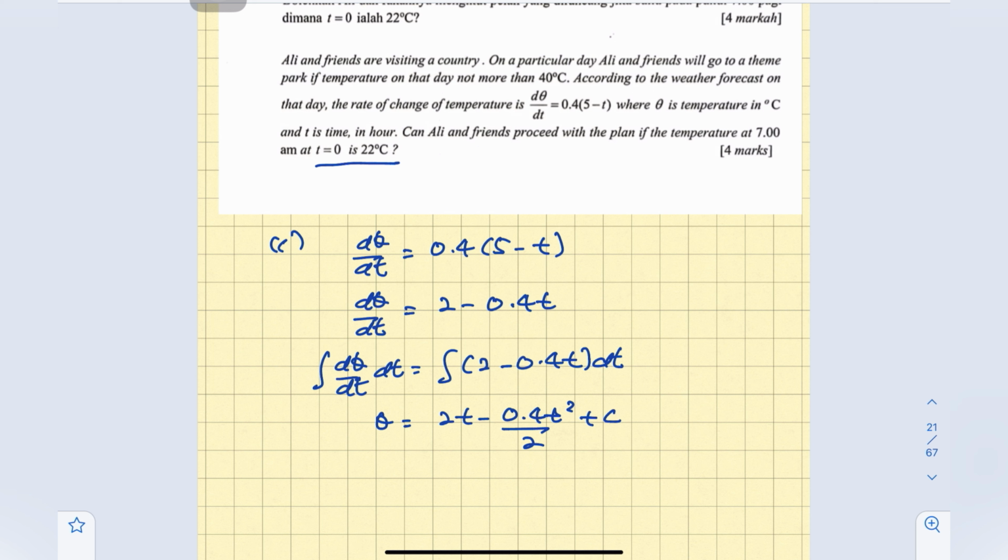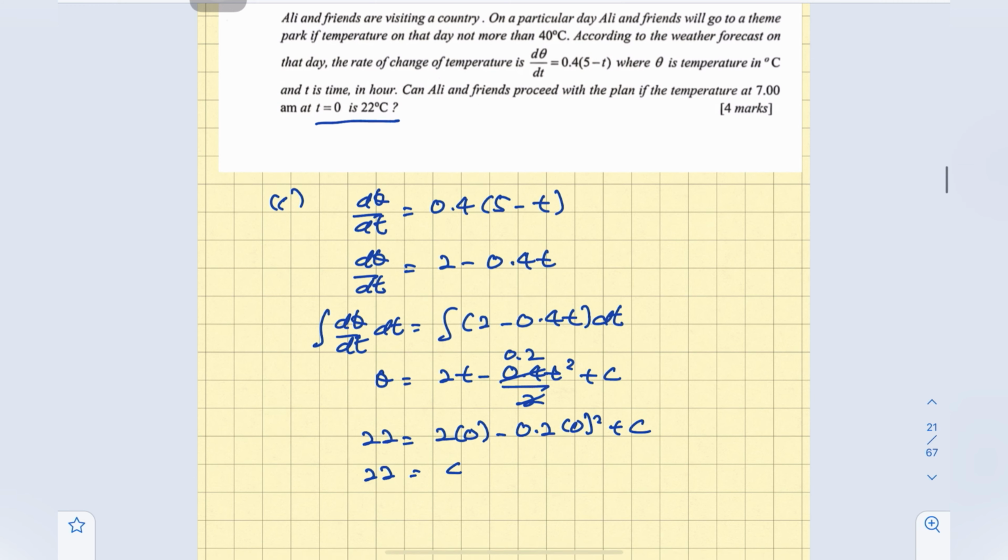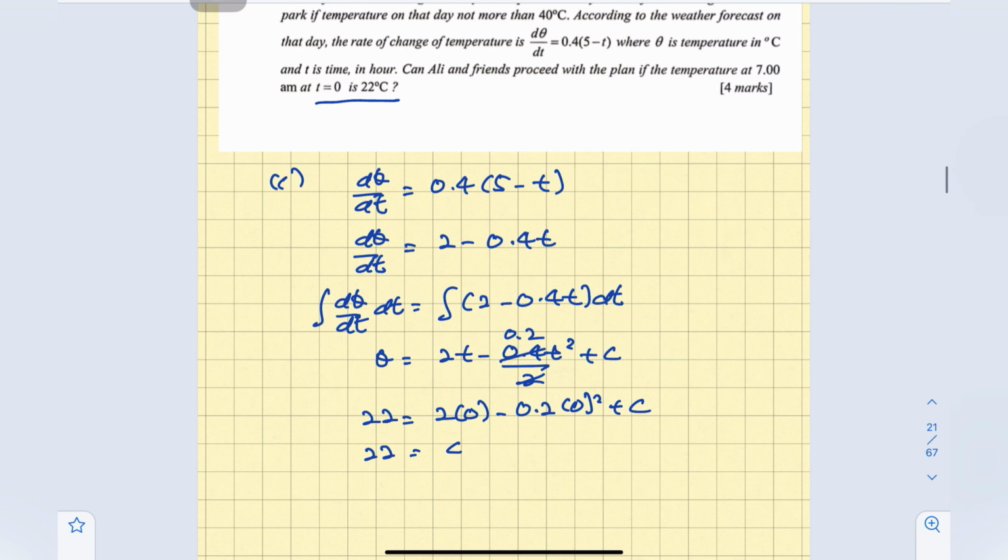So we substitute: 22 equals 2 times 0 minus 0.2 t squared, where t is 0, plus c. Then c equals 22. So the function of temperature is θ = 2t − 0.2t² + 22.